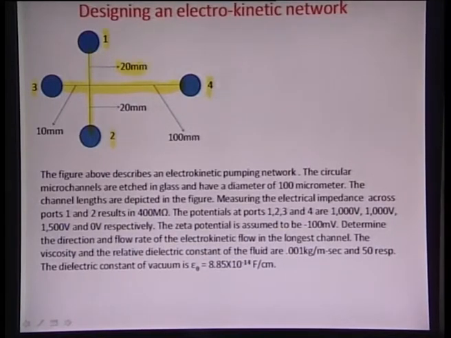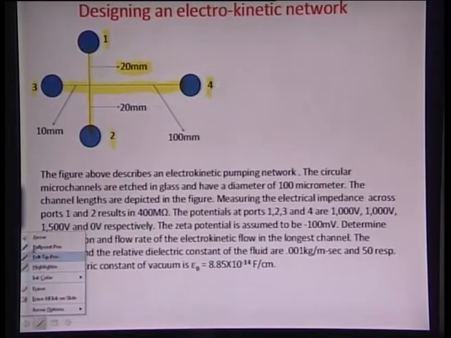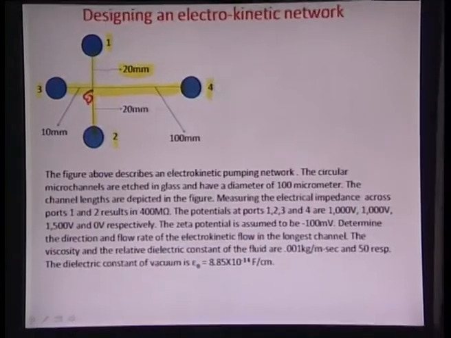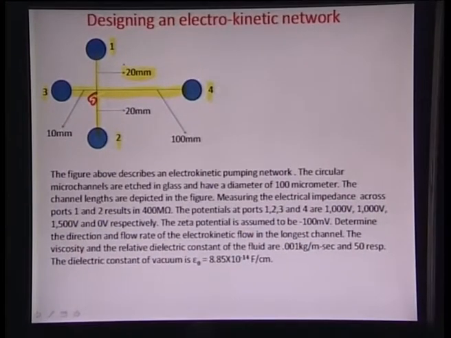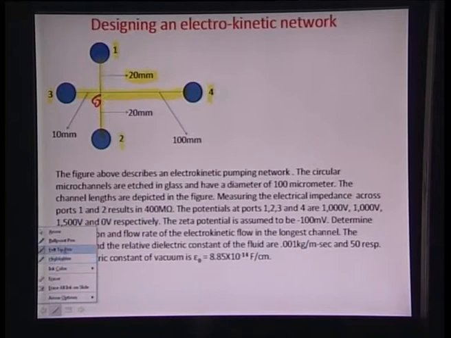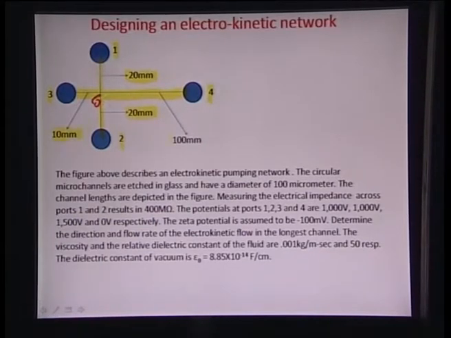For example, if we consider the center of the intersecting network of channels to be O, then 1 O length is 20 millimeters, 2 O is again 20 millimeters, 3 O is about 10 millimeters, 4 O is about 100 millimeters. Okay. So we assume that the cross section of these microchannels is perfectly circular, and they are etched in glass, and they have a diameter of about 100 micrometers.